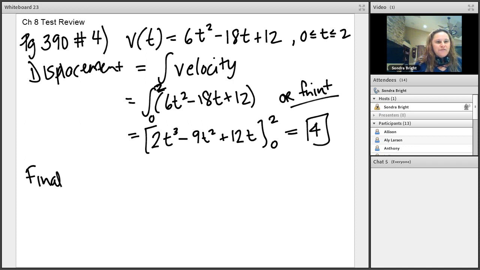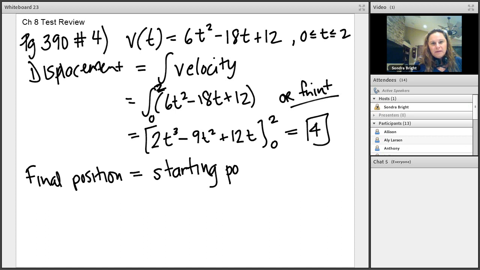If we ask you for the final position, it is the starting position plus the displacement.